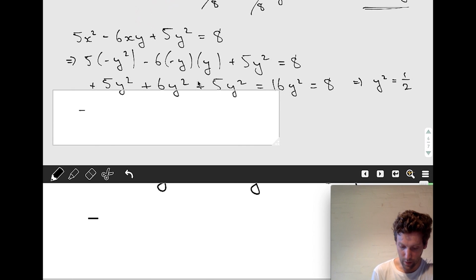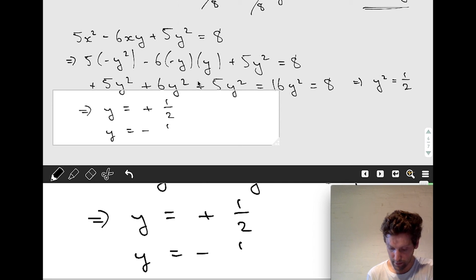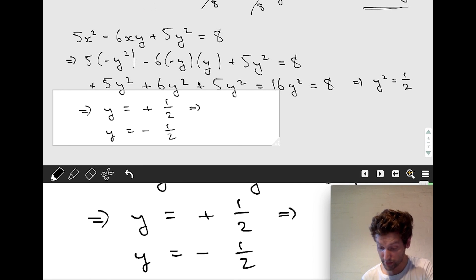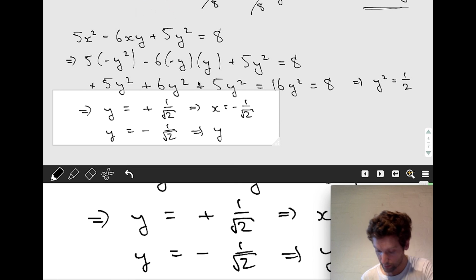And that gives me that y is equal to plus 1 over root 2, or y is equal to minus 1 over root 2. And we remember that x was equal to minus y, so that means that x is equal to minus 1 over root 2 when y is plus 1 over root 2, and x is equal to plus 1 over root 2 when y is minus 1 over root 2.